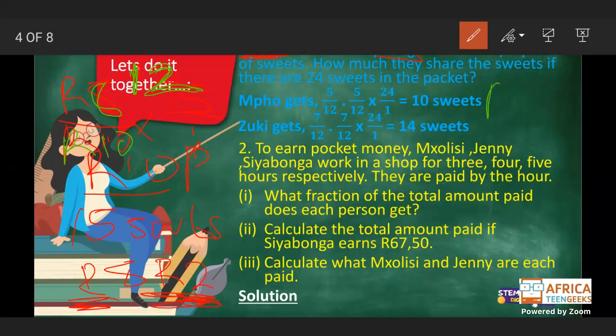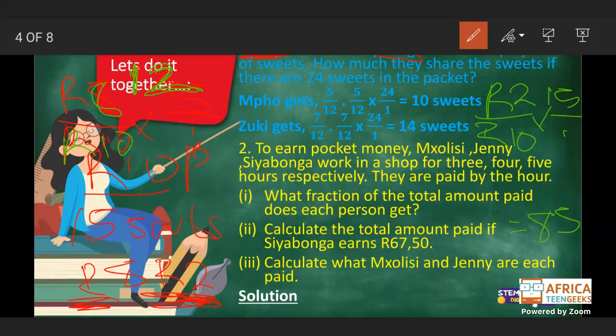So your friend contributed 2 rand over 10 rand, multiplied by 15 over 1. So how many sweets will your friend receive?